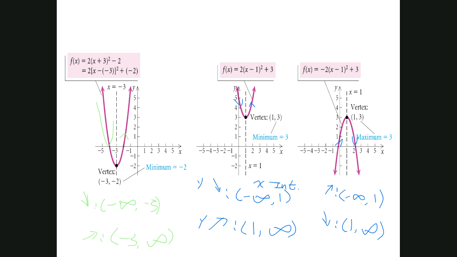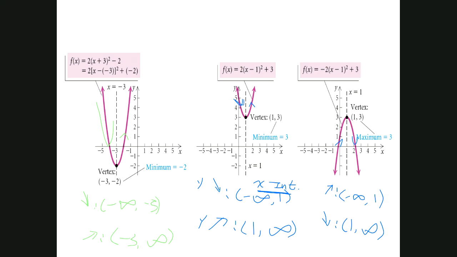Yes, this is John. So for increasing, decreasing, and constant, do we only look at the x-axis and not the y-axis? When you write down the interval, you will be writing down the X interval. But when we say increasing or decreasing, you look at the Y value, right? So for this part, Y is decreasing.